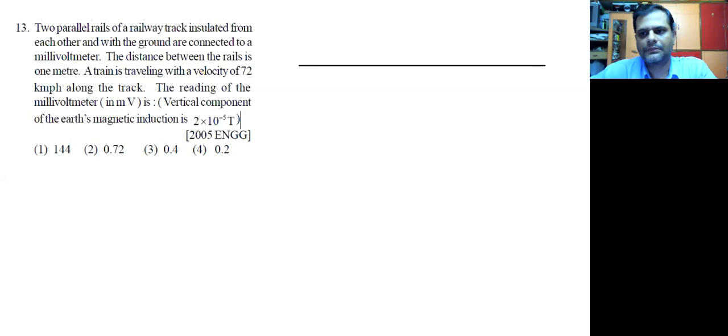Yes, see here. Suppose there are 2 rail tracks. We can just draw them here in the diagram. Suppose ये दो rail tracks है. Okay, this is the first rail track.